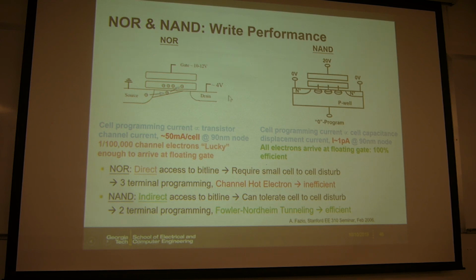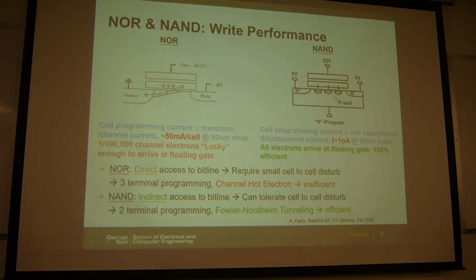And also for the write operation, again, NOR flash, we talked about before, this channel hot electron is not very efficient. Like 1 out of 1 million electrons can get into the floating gate. So write power is large. This is inefficient. And the NAND flash, all the electrons tunnel vertically through the oxide will go to the gate.